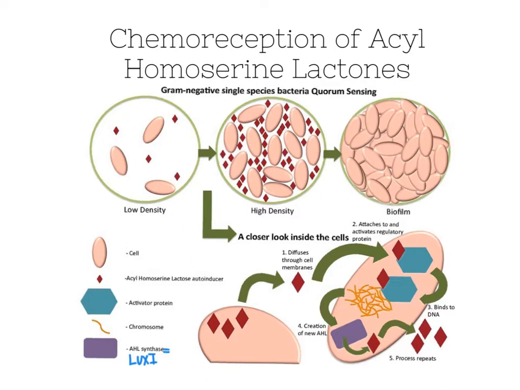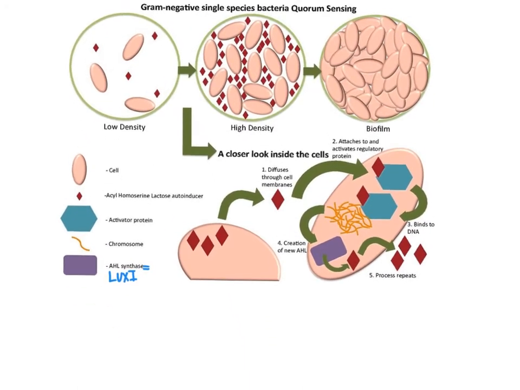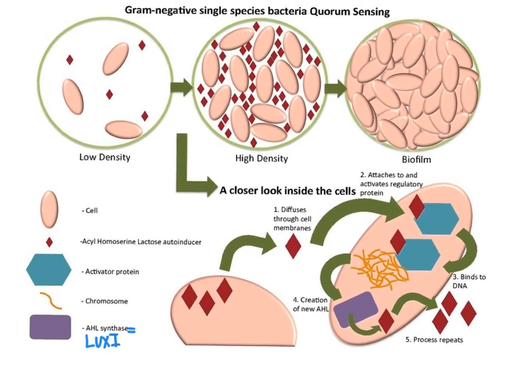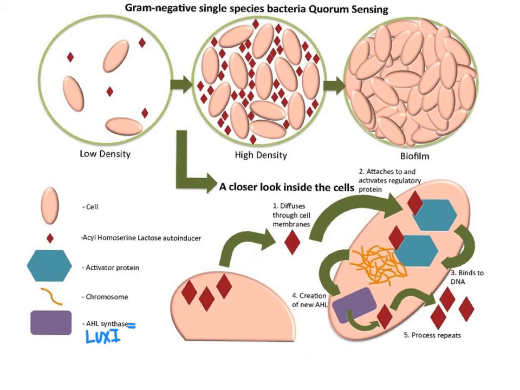And so what happens within a cell, as we look more closely at how quorum sensing is happening at the molecular level, is that the enzyme LuxI takes the precursors, which were our acyl carrier protein tethered structure, plus the S-adenosylmethionine to form the autoinducers, the acyl homoserine lactones, which I'm going to abbreviate as AHLs.